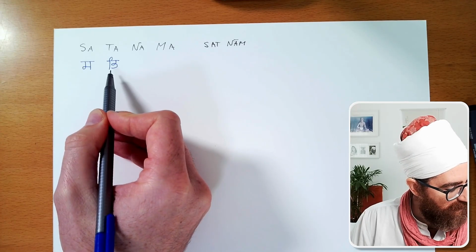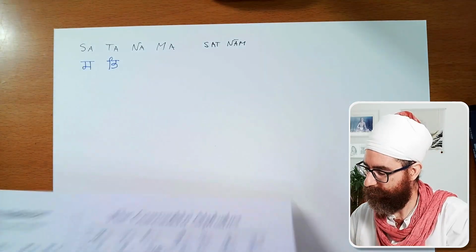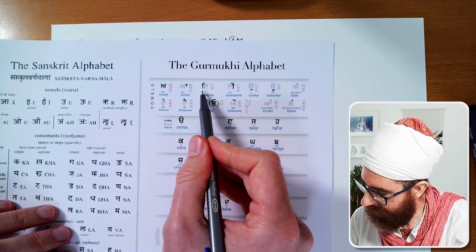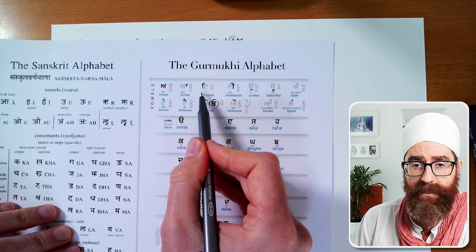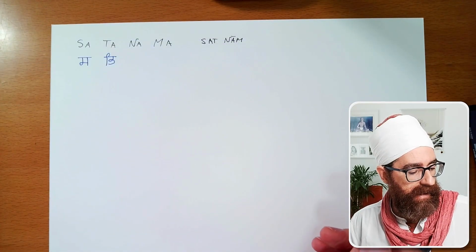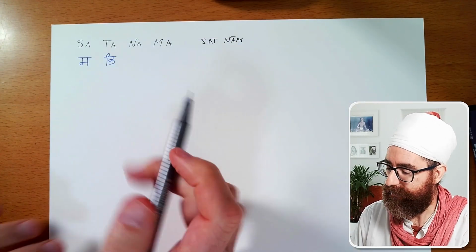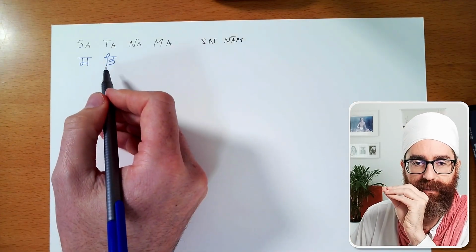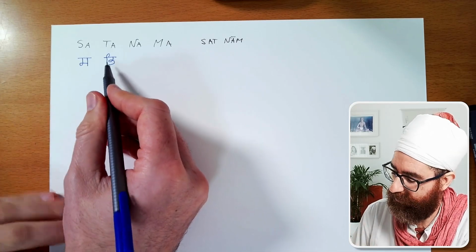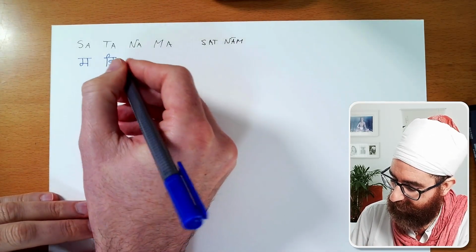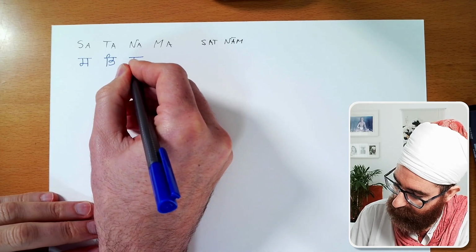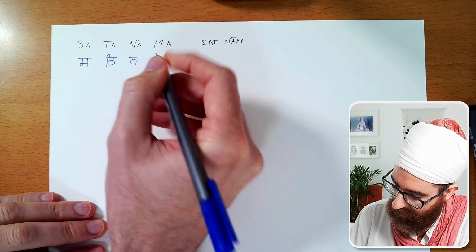Yeah, if we look at this sound and we go back to the Gurumukhi alphabet, we will find that this little symbol is a symbol of an I. But this I often is used to cut the ending vowel sound very, very close. So it's Sat, T, very, very short T. And then would come Na, and then this is the one that I was referring to about being long.